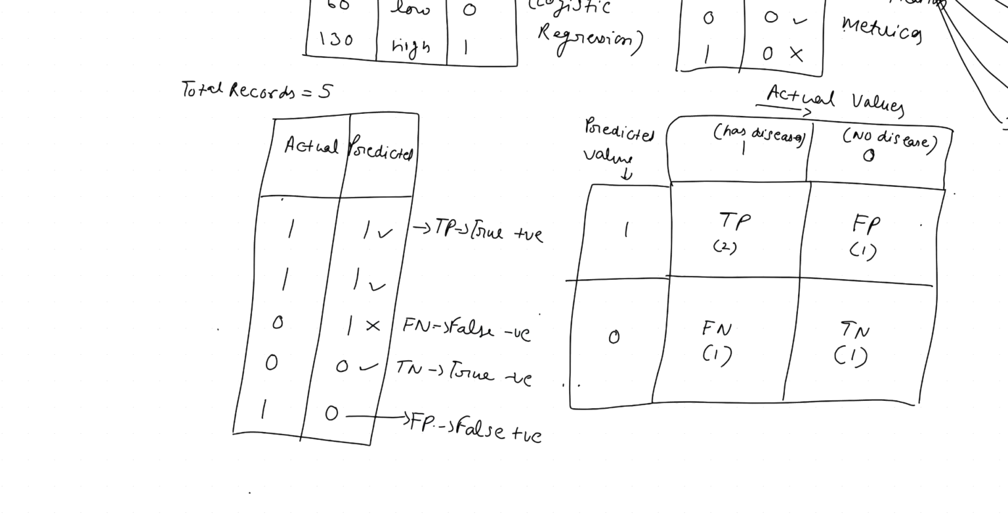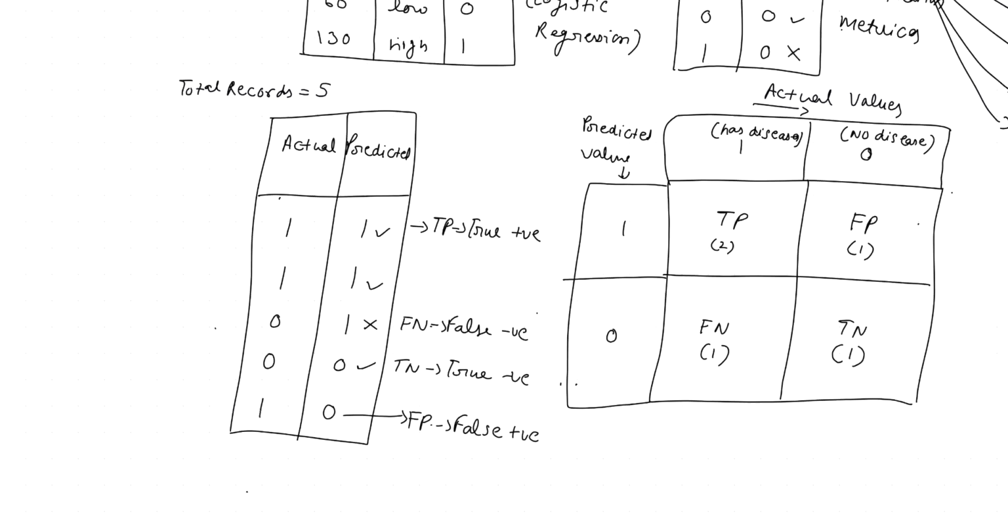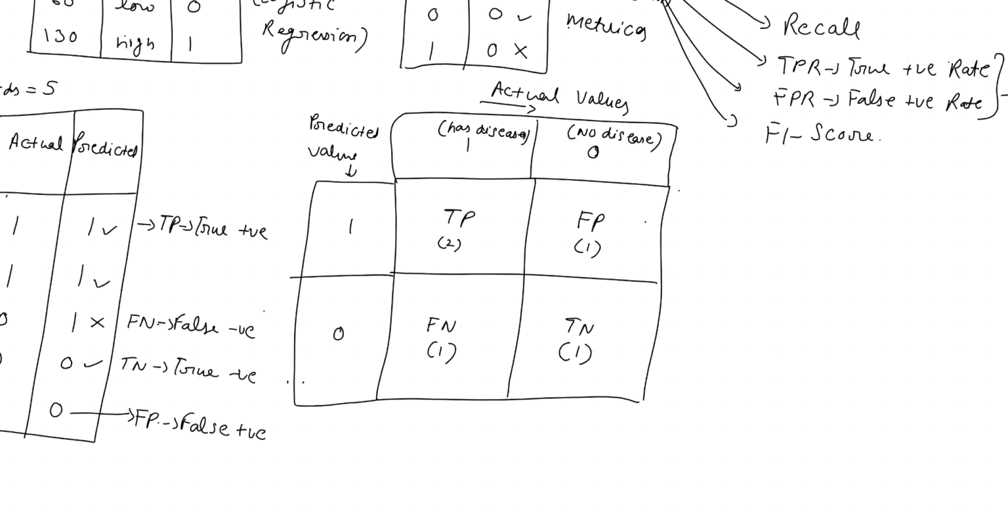Now you understand the confusion matrix, how it is drawn, what true positive and false positive are, and how your confusion matrix method is going to draw it for your problem statement. Okay. Now we will move ahead with accuracy.